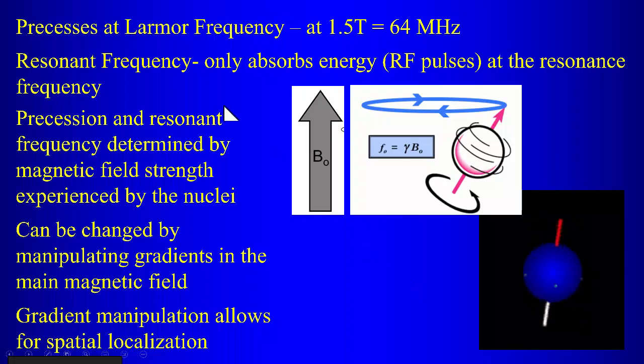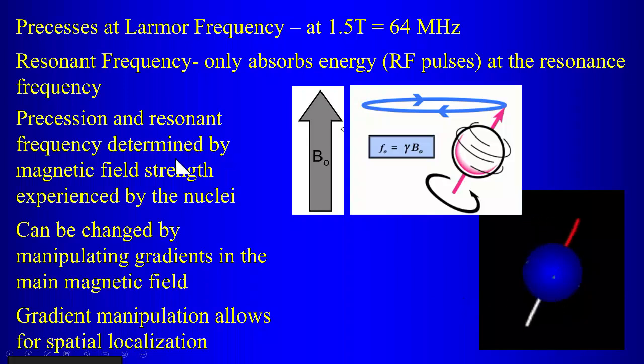And what is important there is that they will only absorb radio frequency pulses at the resonant frequency, at the right frequency that aligns with the frequency of their precession. So you have to provide magnetic pulses at the right frequency in order to excite the protons given a certain precession rate. And that's going to allow us to select where in the tissues we're going to excite the protons, and we'll talk about how we use gradients to do that.